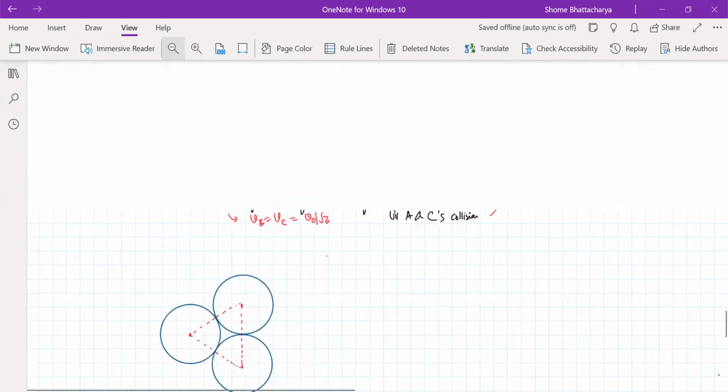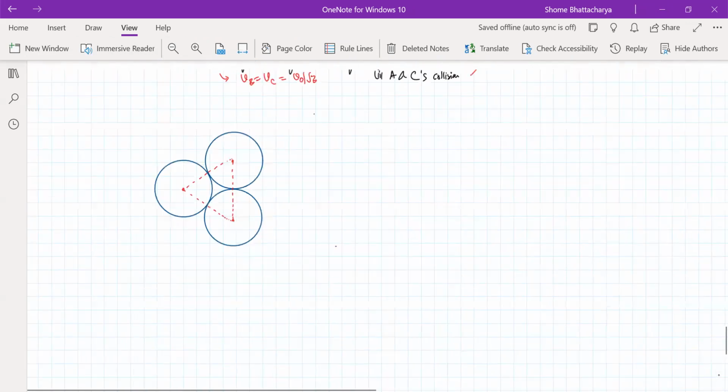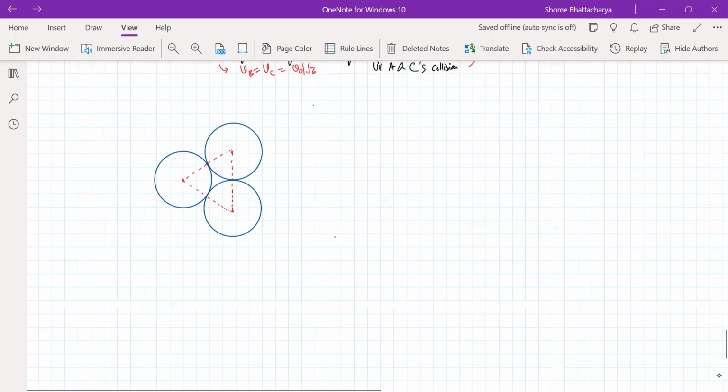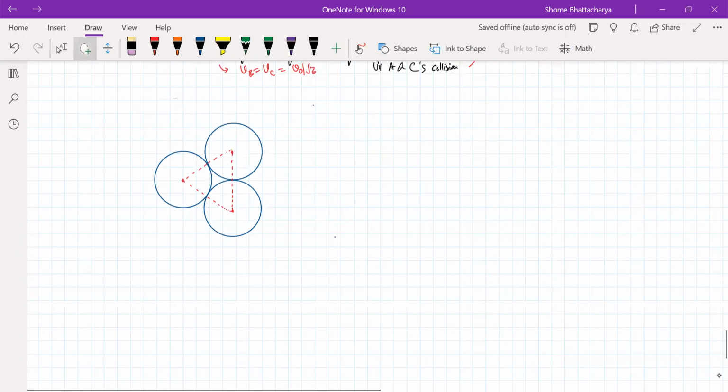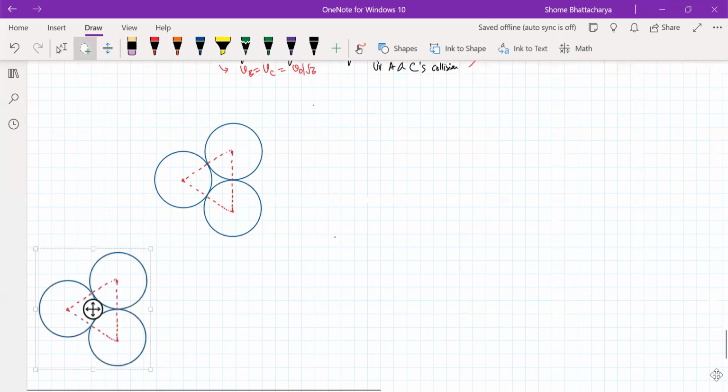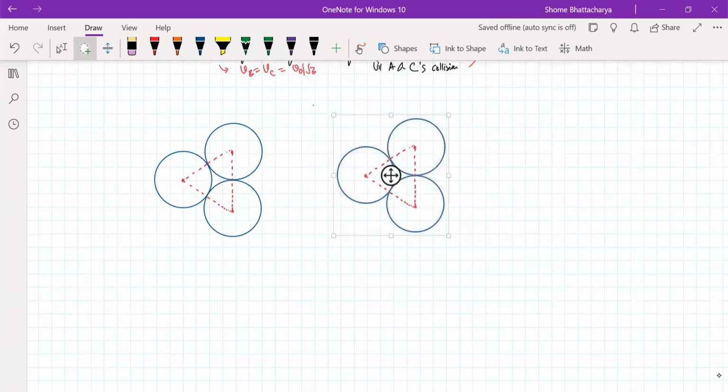So now once again we compare the before impact, during impact and after impact picture.